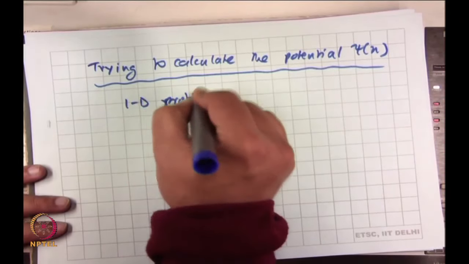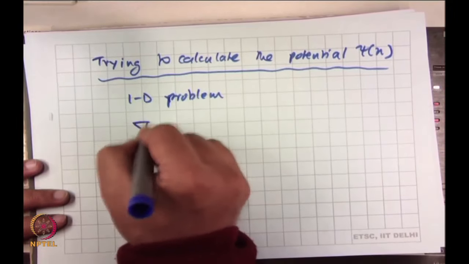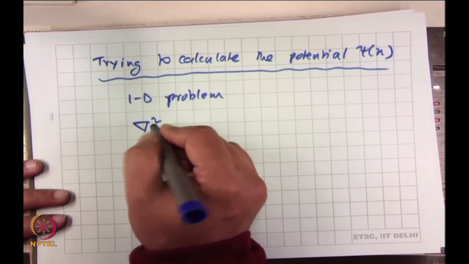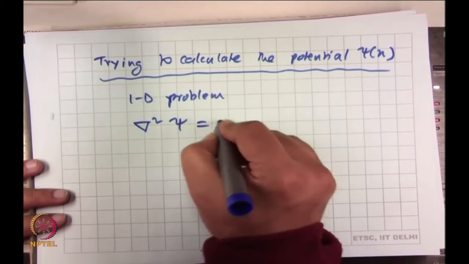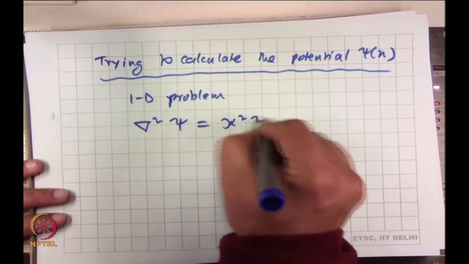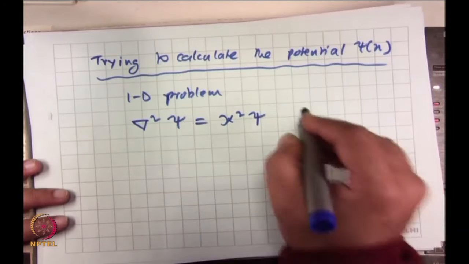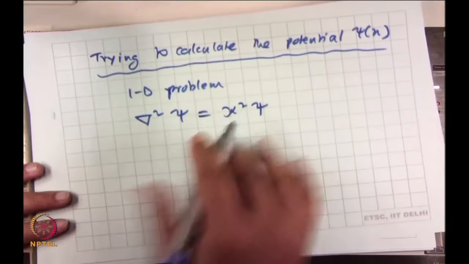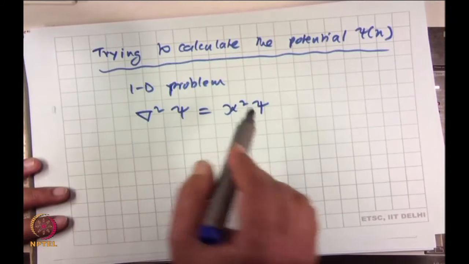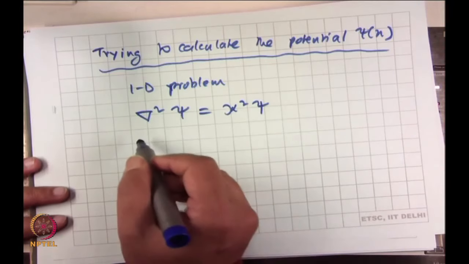That means I am only taking the x direction, and I am solving the Poisson equation that we just derived. Del square psi is equal to what? Kappa squared psi. That is what we just derived, right. Del square psi is equal to kappa squared psi, where kappa square has the usual expression. If this is the equation you are going to start with, I am trying to solve for psi. Remember, I am trying to solve for psi. Because it is one dimensional, my del square becomes what?